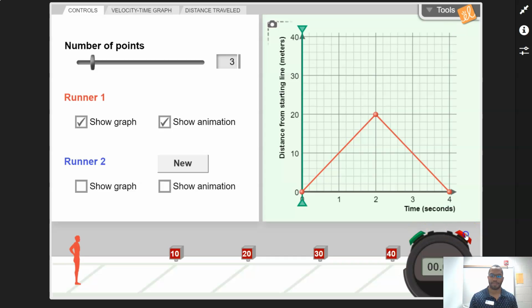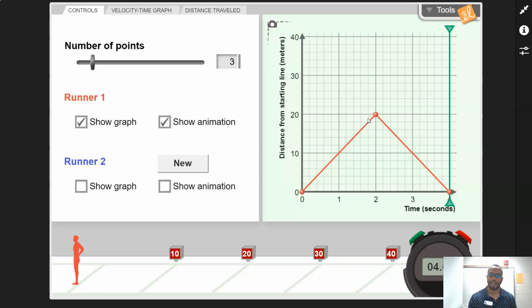Now, let me explain that. The person traveled, boom. How far did they travel? 20 meters. And notice this runner goes back. So 20 plus 20 is going to give you 40 meters. Now, here's where distance and displacement become different.